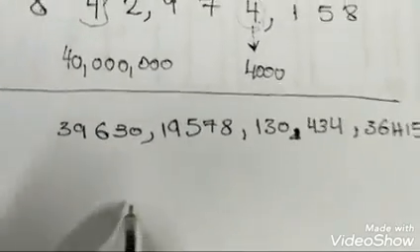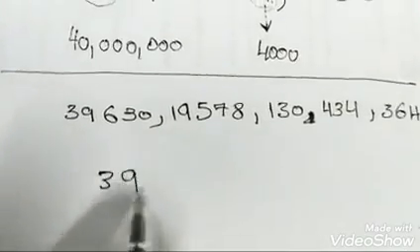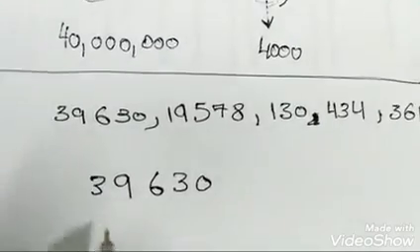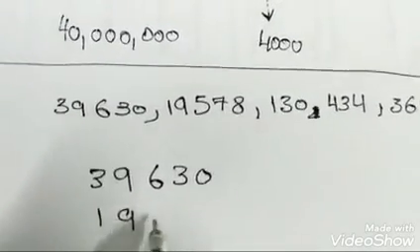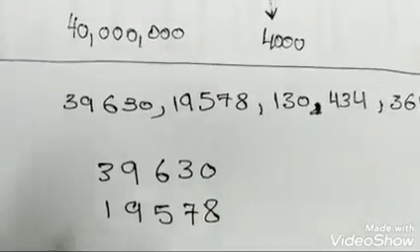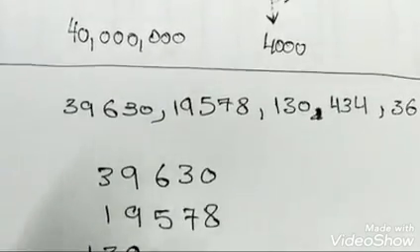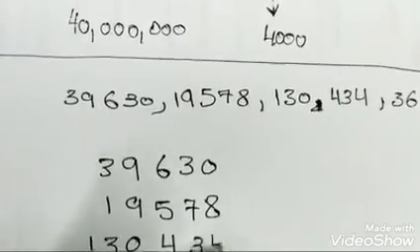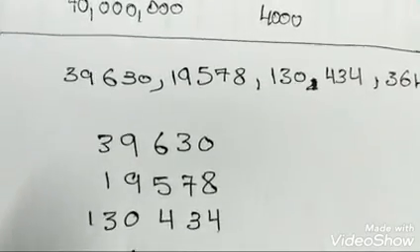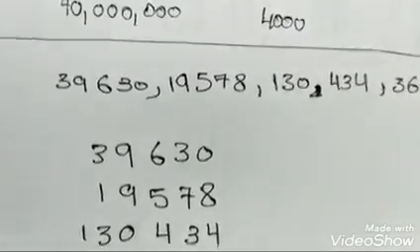So I will come here and write it like this: 39,630, then 19,578, then 130,434, then 36,450.